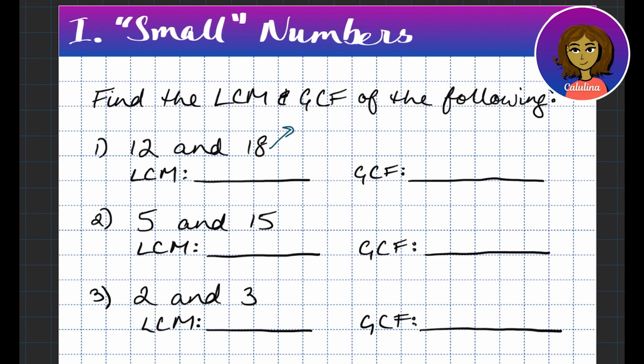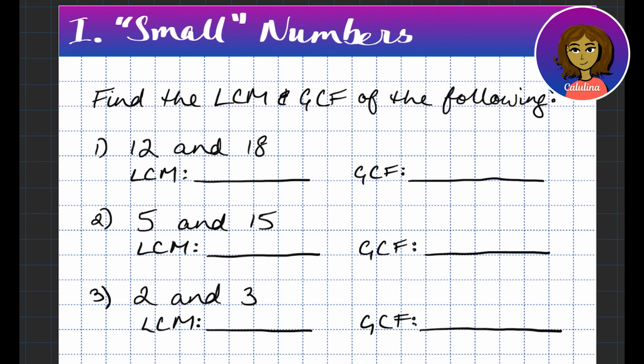Okay, so that would be 18. Does 18 work? Does 12 go into 18? No? Okay, so then the next one, 18 times 2, what's that? That's 36. Good. And does 12 go into 36? Yes. Okay, awesome. So then what does that mean?